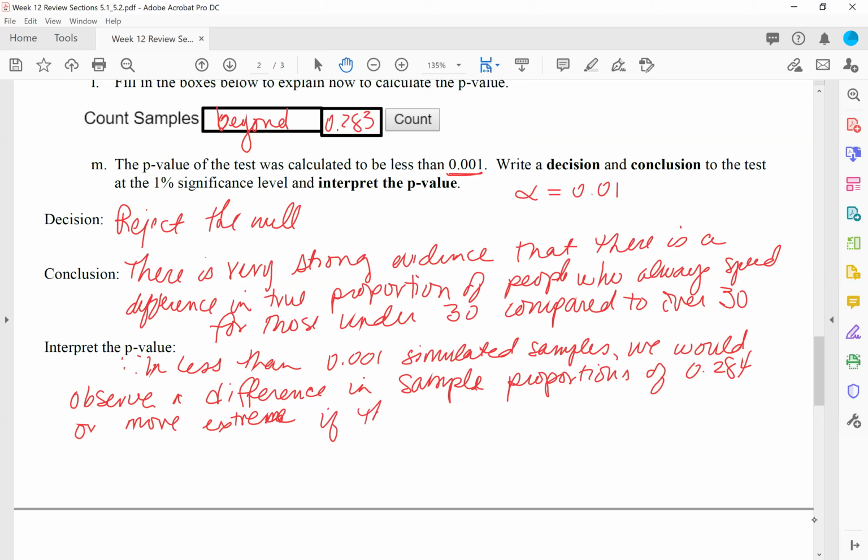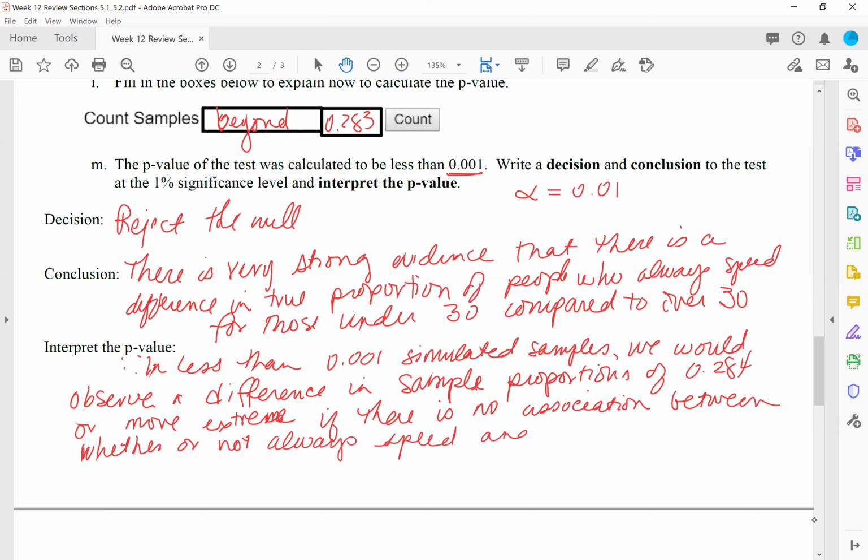If there is no association between whether or not people always speed and age group.